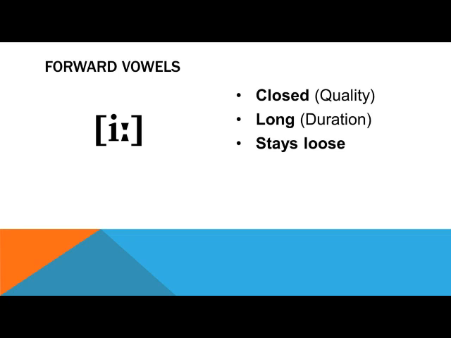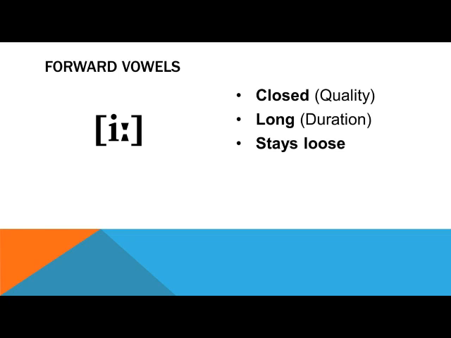On the left you see the IPA symbol, and to the right you see some qualities and descriptions of the sound. So we start off with E. And this is closed, so when we say closed, we're talking about the quality of the vowel. And E is also long, and when we say long, we're talking about duration.